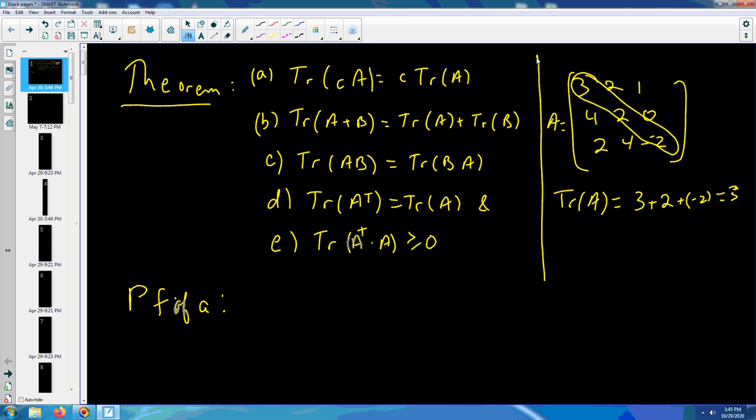I'm gonna start with C times the trace of A. So this is C times the summation of A_ii as i goes from 1 to n, an n by n matrix. But this here is the same as the summation as i goes from 1 to n of C times A_ii.